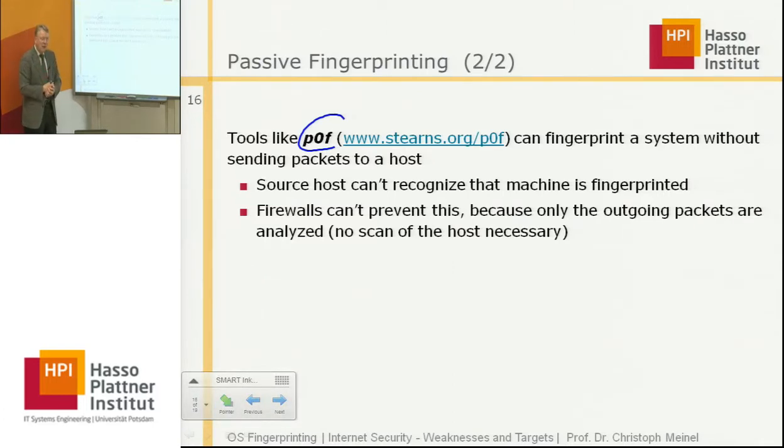So firewalls can't prevent this either, because only the outgoing packets are analyzed. And this can be done from everywhere. So this makes passive fingerprinting dangerous.